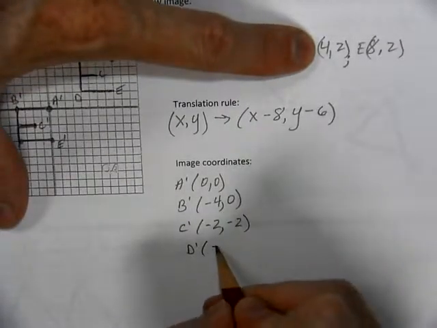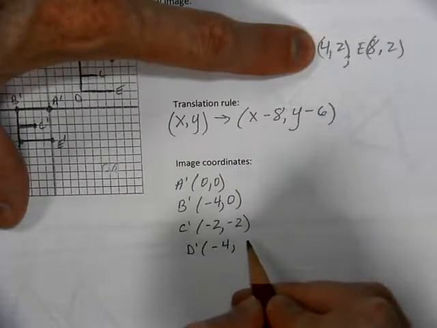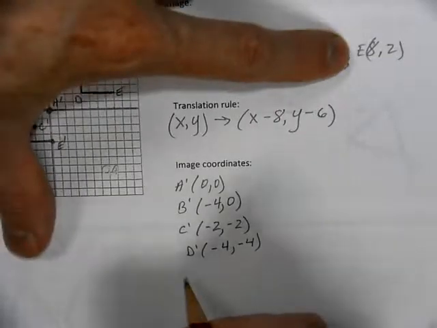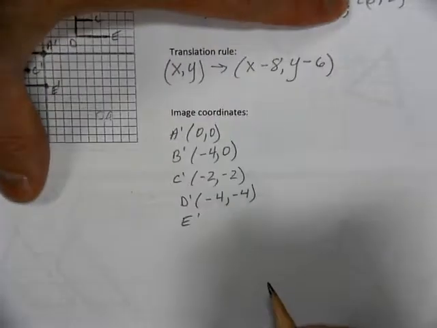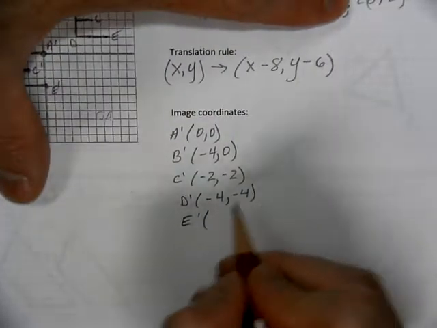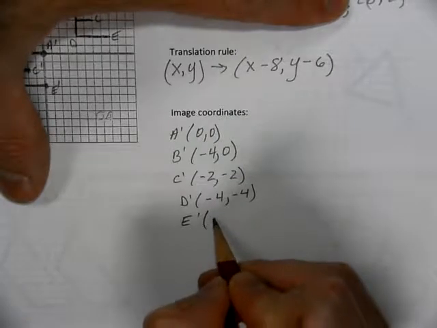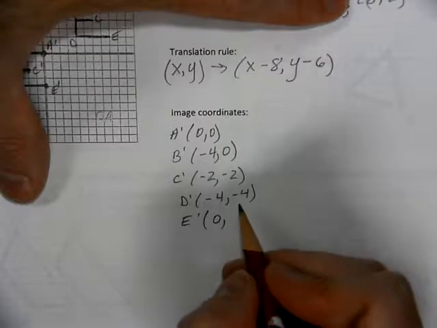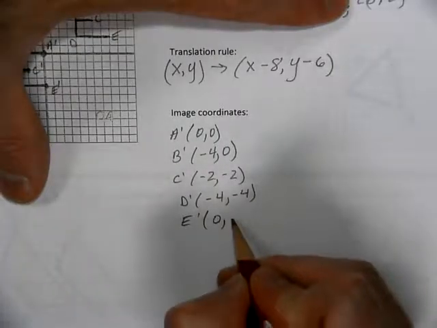D prime is going to be at -4, -4. And E prime is going to be at 0, -4.